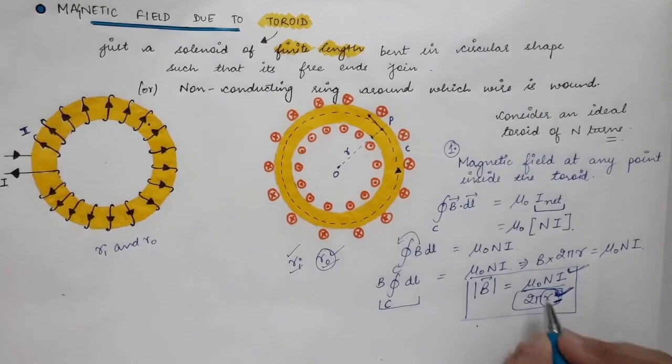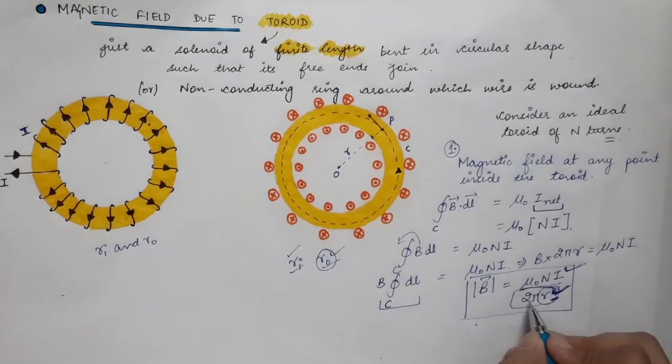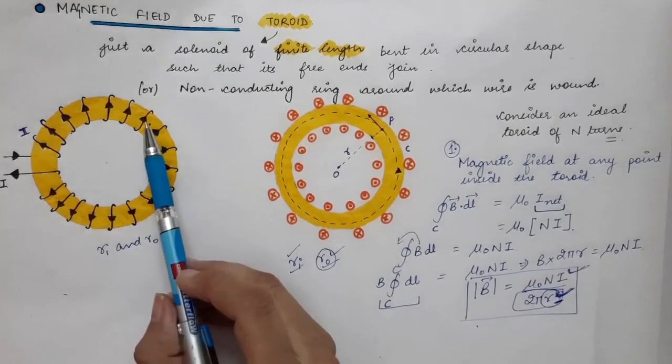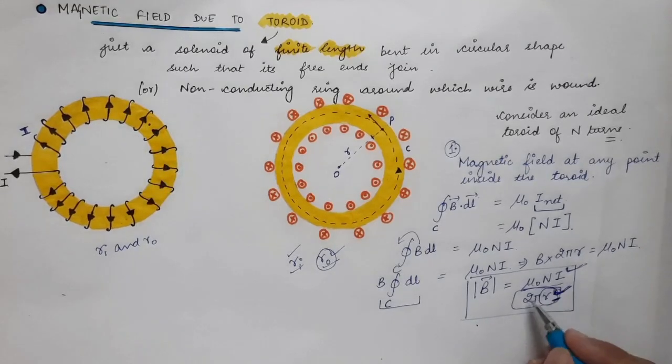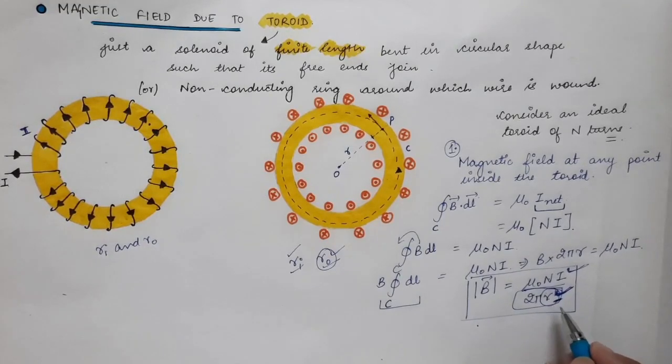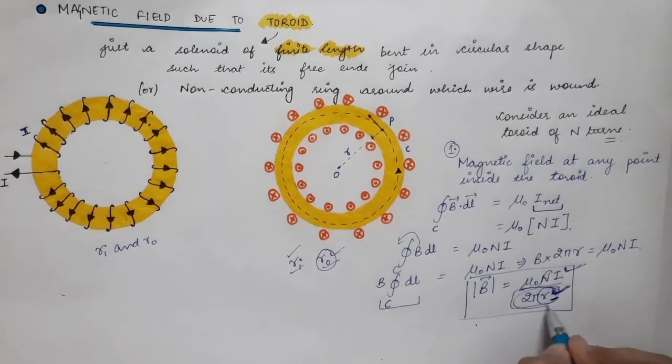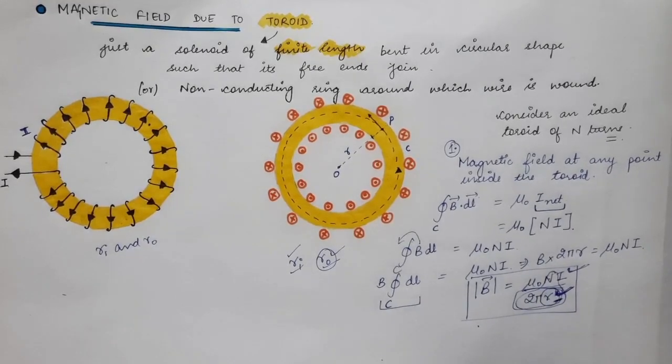So in that case we can call n divided by 2 pi r the number of turns in unit length. When the cross section of the toroid is very small, n divided by 2 pi r can be called the number of turns in unit length of the toroid. So this can be written as small n in that case.